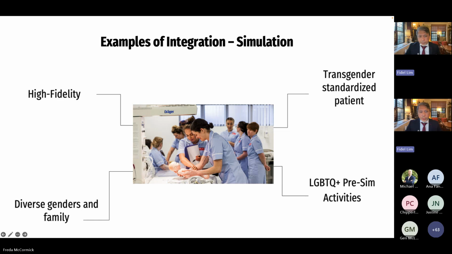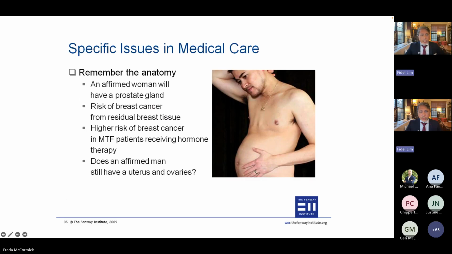On the next slide, we bring our attention to specific issues in medical care. The picture on the right side is Thomas Beatie, who is the first man who became pregnant. Thomas Beatie is from Hawaii, married, and decided he's a trans man and an affirmed man, and he had pregnancies.